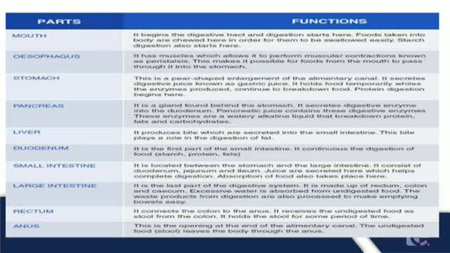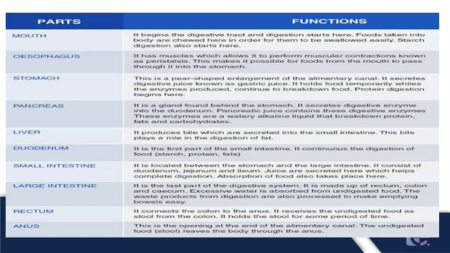Then comes the large intestine. It is the largest part of the digestive system, and it is made up of the rectum, colon and cecum. What happens after the digestion of food? Excess water remains in the digested food, and this excess water is absorbed by the large intestine. Then comes the rectum.